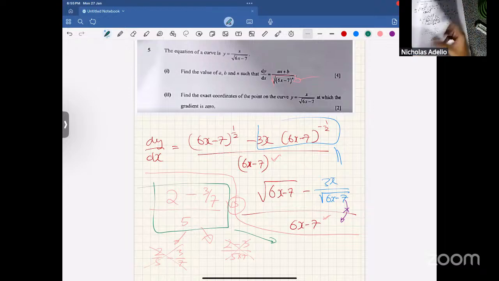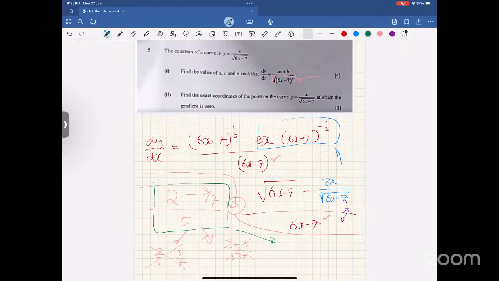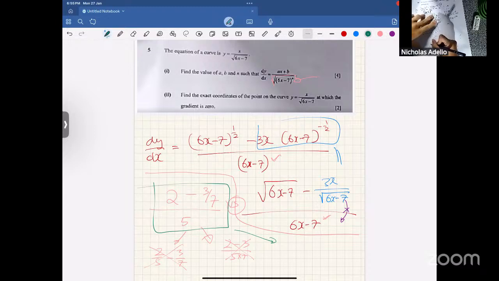Okay. Yeah. It looks good to me. Looks very good.